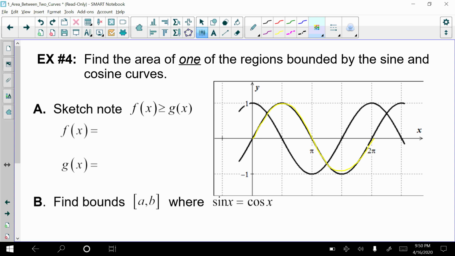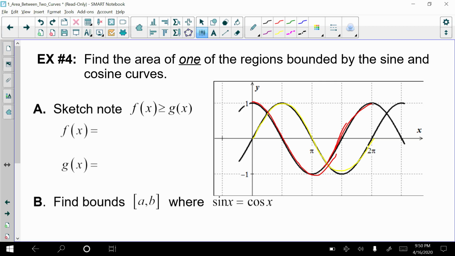And the cosine function always starts at its peak positive value, at 1 here, goes down to its minimum value, and then comes back up here to complete one period of the periodic function.